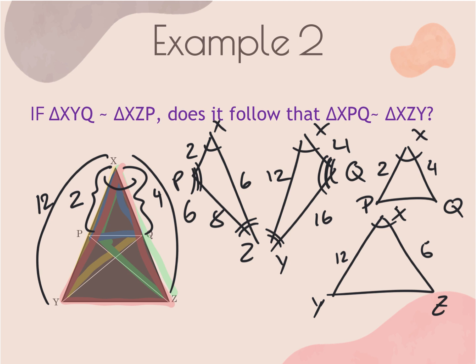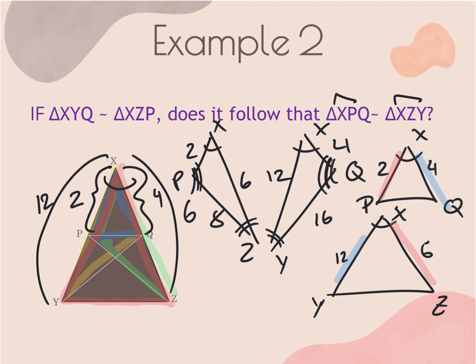But the 6 goes with the 2, and the 12 goes with the 4, just like the other one. It's going based on the way that it's written, and it's written as XP and XZ should be congruent. That's why I did the red with the red and the blue with the blue.